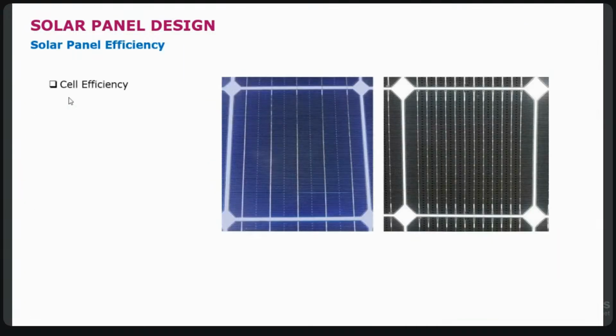Next is how we define solar panel efficiency. To define the panel efficiency, we need to consider the cell efficiency and the total panel efficiency.